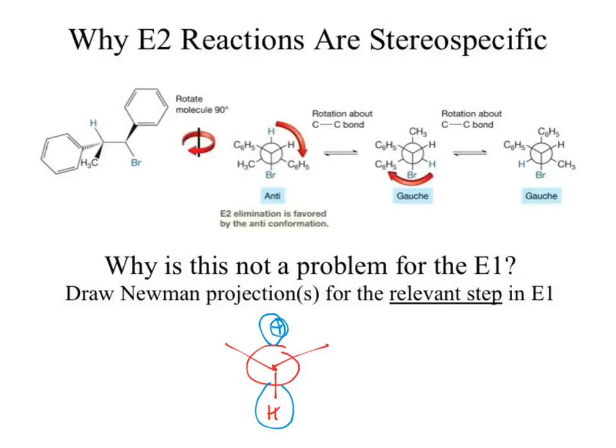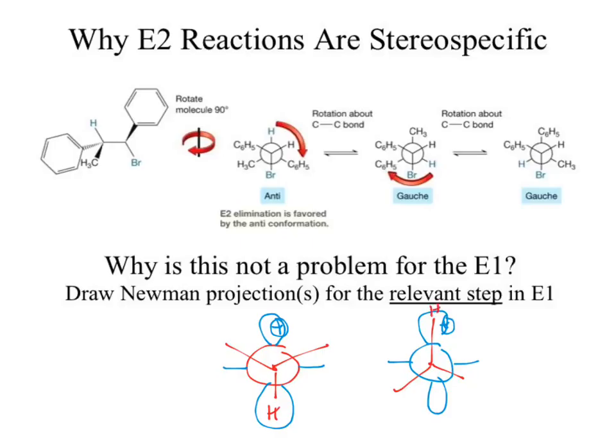A carbocation. When we do the elimination, even in the E1, what's happening? The hydrogen is still in the plane of the p orbital, but I can do a rotation to put that hydrogen either above or below when I do my reaction.